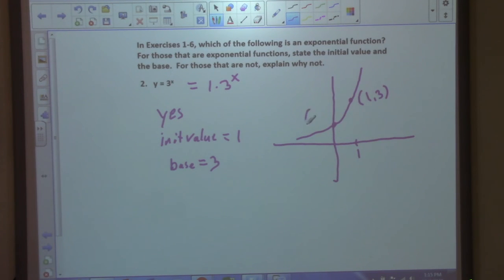And this is 0 comma 1. And what's this point here at negative 1 going to be? Okay, it's going to be negative 1 comma 1/3. And then if you go to negative 2, that's going to be 1/9. And so forth. So that's really what it looks like.